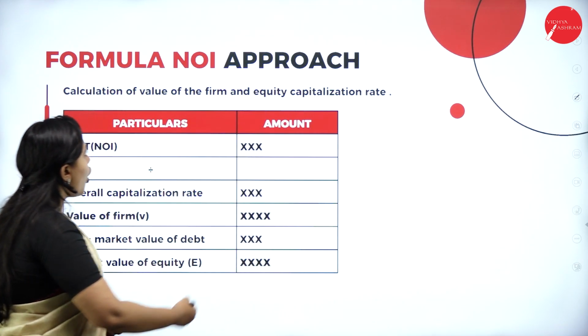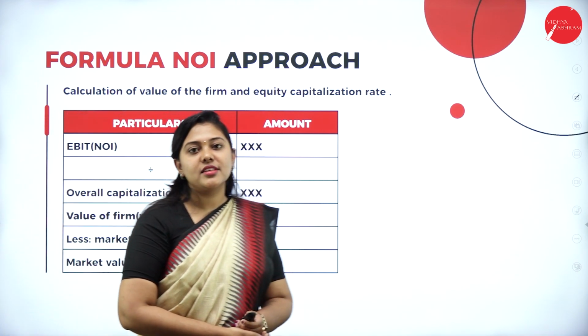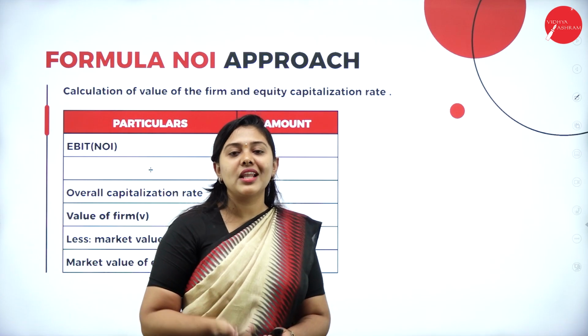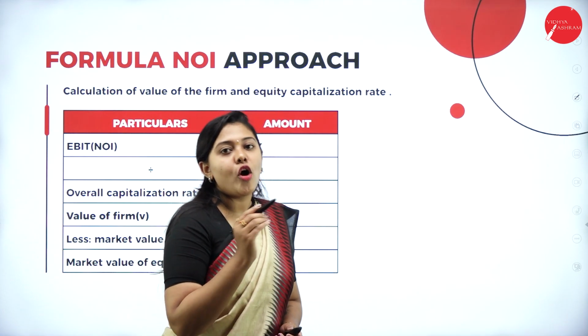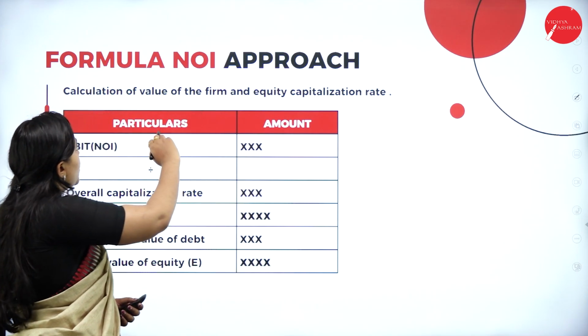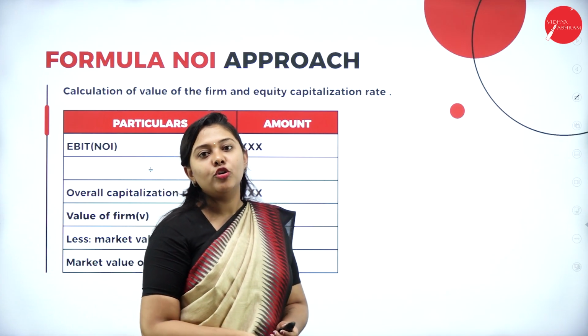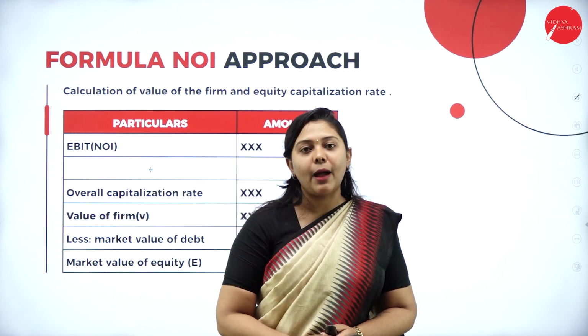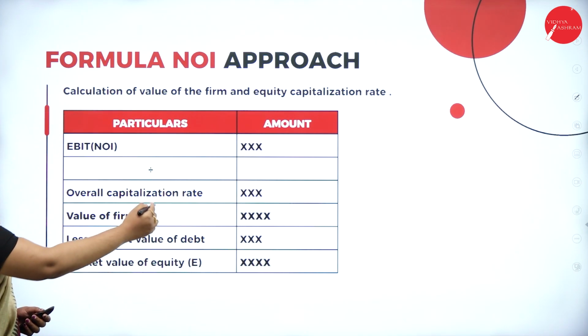So we have the formula for calculation of value of firm and equity capitalization rate. So in this problem, they'll ask you to calculate the value of the firm, the market value of equity and equity capitalization rate. So let us look at the format or the formula.